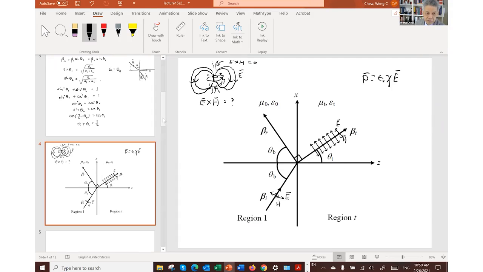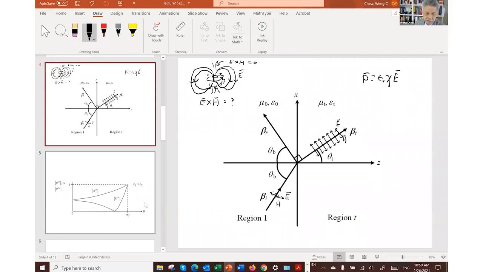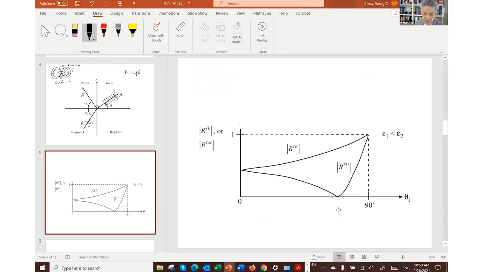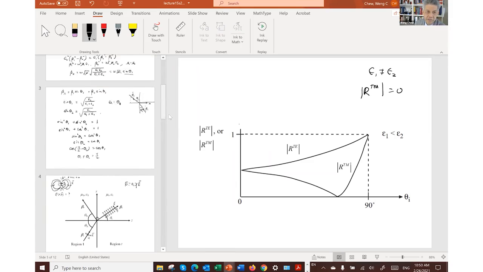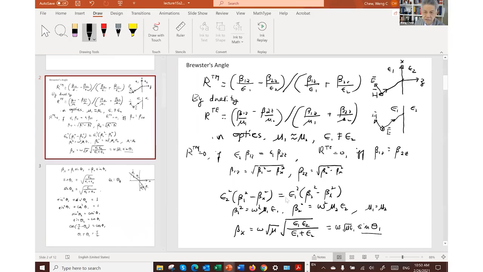And what is more important is that because epsilon 1 is not equal to epsilon 2 for most material media, RTM can go to 0. But as you can convince yourself later, if you look at RTE and try to set the numerator to be 0, you will find that this is not possible.